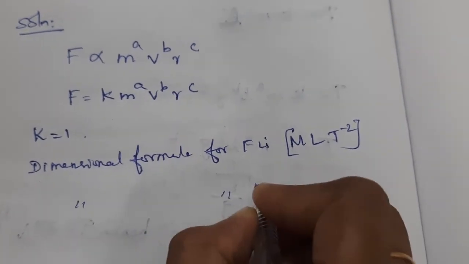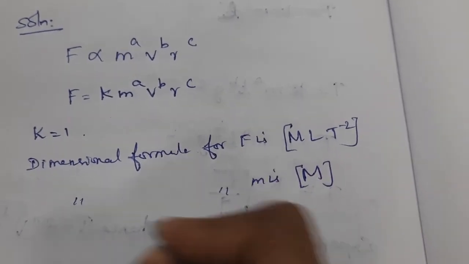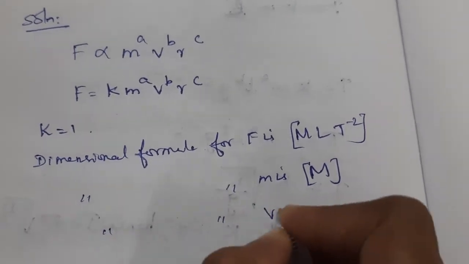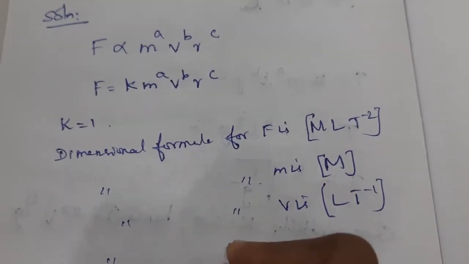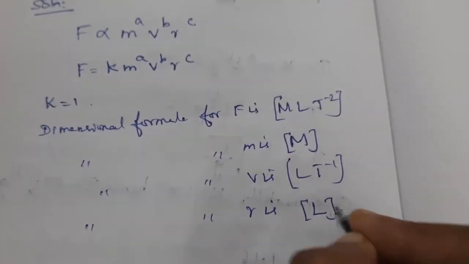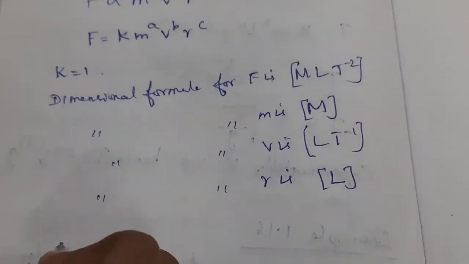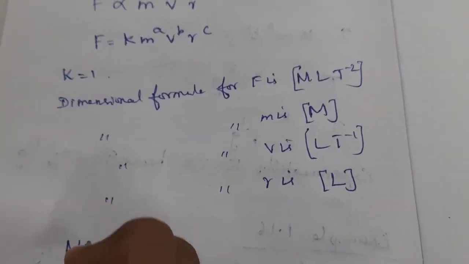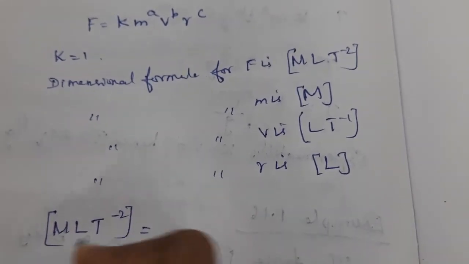The dimensional formula for mass is M. For velocity, it is L T raised to minus 1. The dimensional formula for radius is nothing but distance, so L. So we rewrite the above equation: M L T^-2 equal to F.